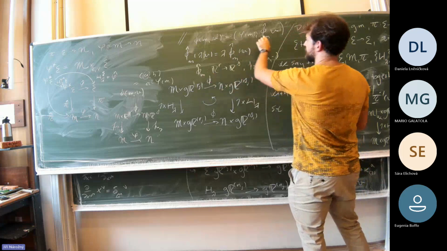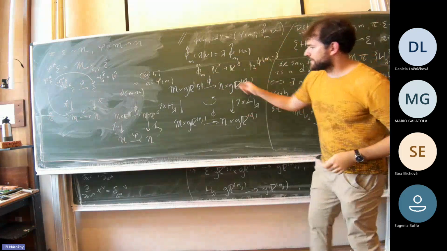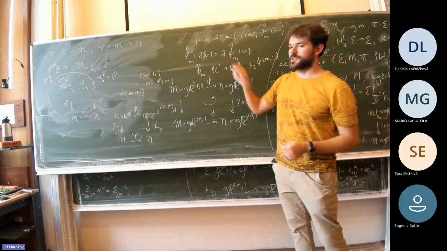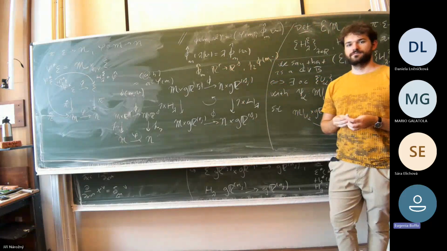Okay, so this is the definition of phi hat, and this diagram then says that phi hat is homogeneous. All right. Yeah, cool. Thank you.